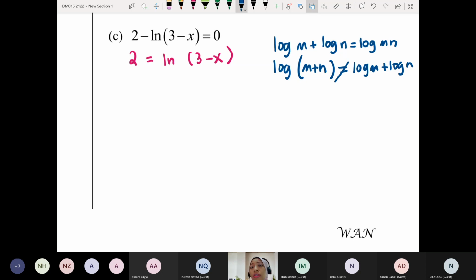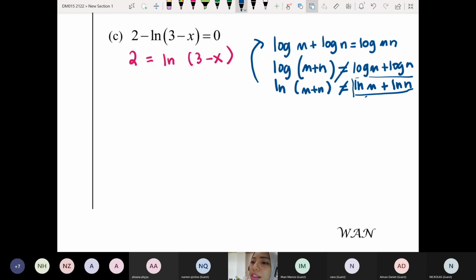Kalau log macam tu, properties of log pun begitu juga. Tak boleh expand benda di dalam log. Nampak tak beza ini dengan ini? Ini yang tambah, dia adalah equals to darab. Dia bukan equals to ini. Everyone, are you clear about it?